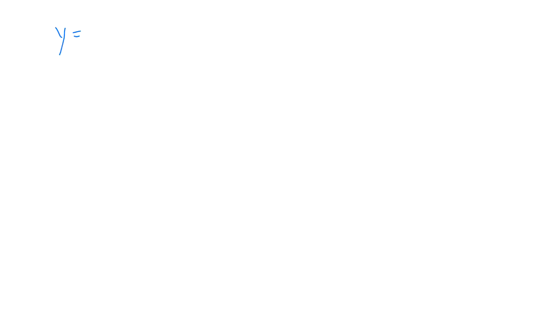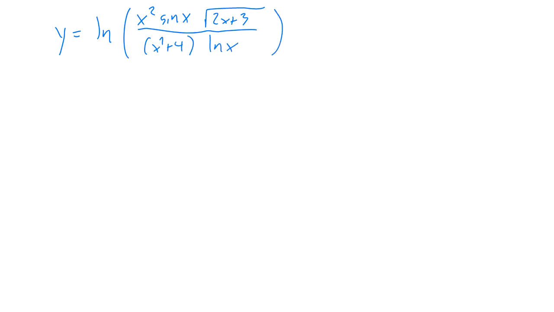So I have the natural log of x squared sine x times the square root of 2x plus 3, all over x squared plus 4 ln x. So tell me if this is going too fast for expanding it.